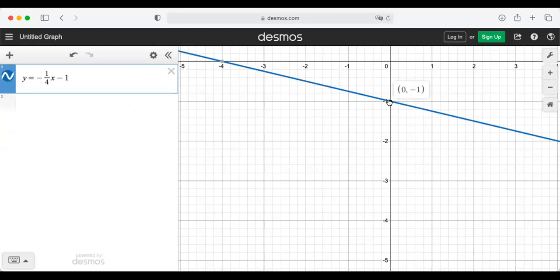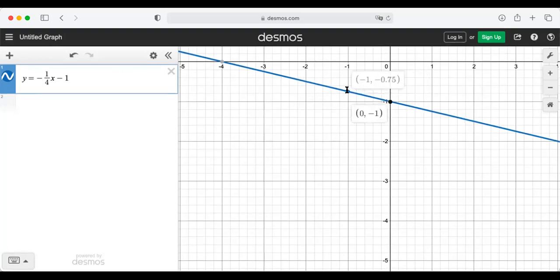The interesting thing about this is if you drag your cursor, you can see all kinds of points on this line. So every point that satisfies this line. For example, the point, let me go right here, negative 2, negative 0.5.